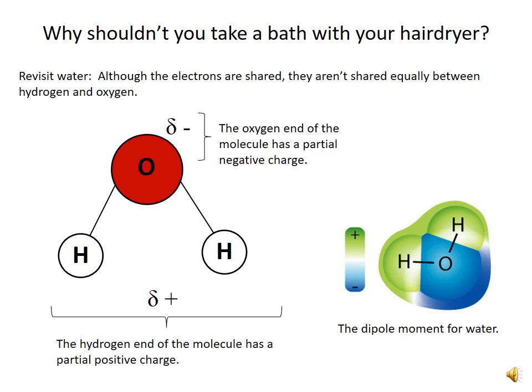This separation of charges across the molecule is not the same as being an ion, but this is called a dipole moment. You can look at the image on the right side of the screen. It shows a pictorial representation of this dipole moment, with the hydrogen end of the molecule being green, representing slightly positive, and the oxygen end of the molecule being blue, representing it being slightly negative.